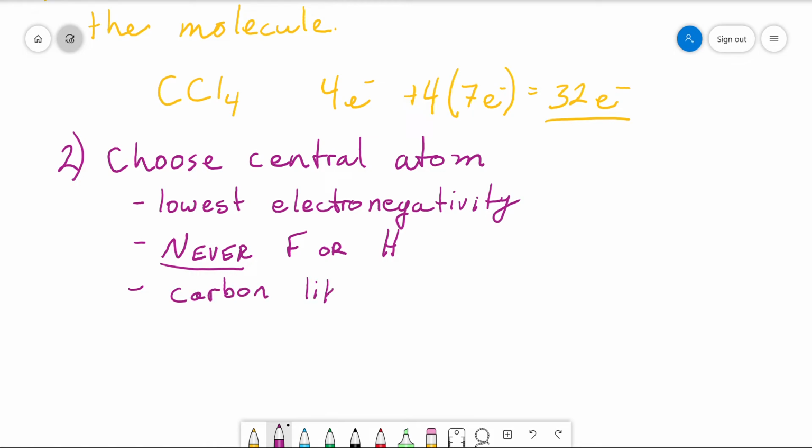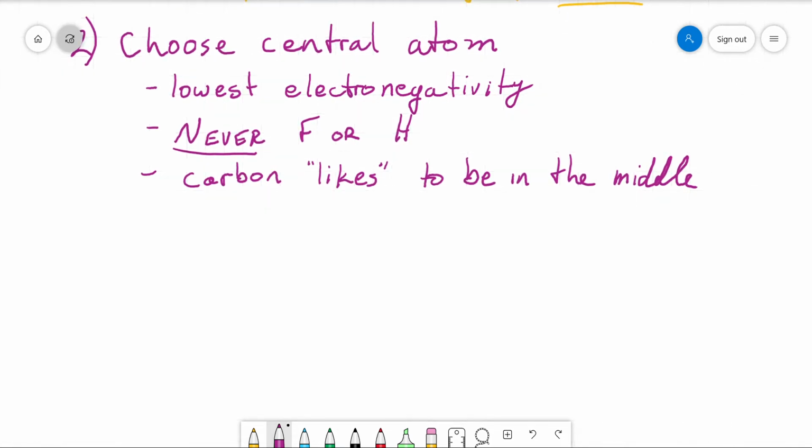Carbon likes to be in the middle. This is not much of a step, but we'll put down our central atom. There you go.